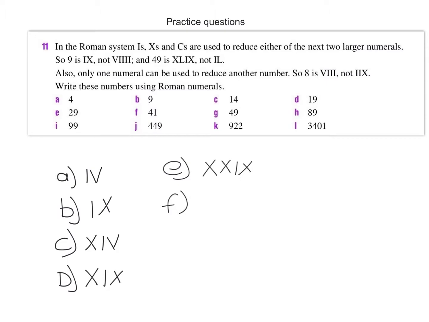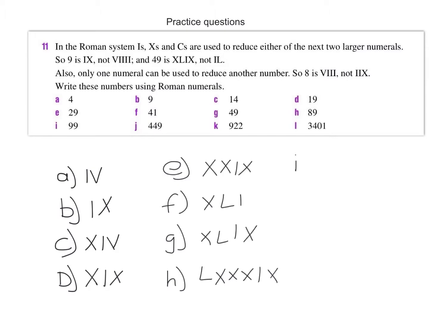How about F? 41. 41 is going to be XLI. G, 49 is going to be XLIX. H, which is 89, is going to be, you ready, LXXXIX.